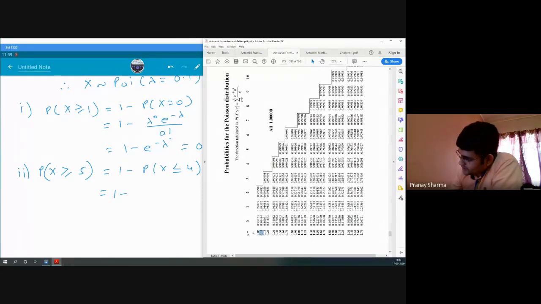For 0.1, they have not even given us less than equal to 4. That is because the probability is so large that this is almost equal to 1. You can see here this is 0.99985, and this would then become almost equal to 1. That is why they have skipped writing those values.